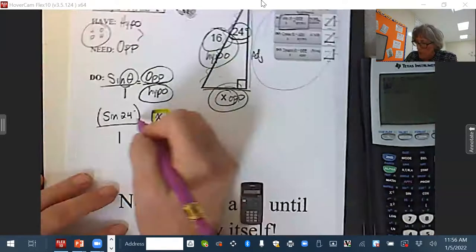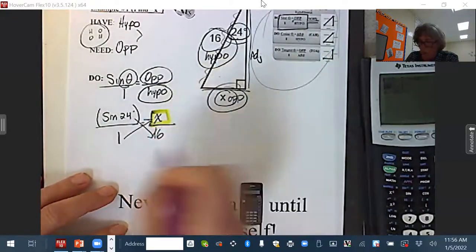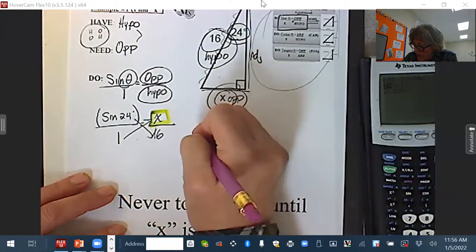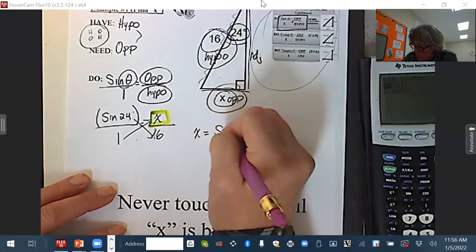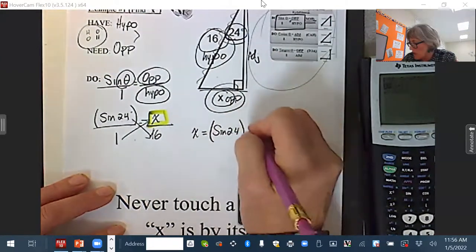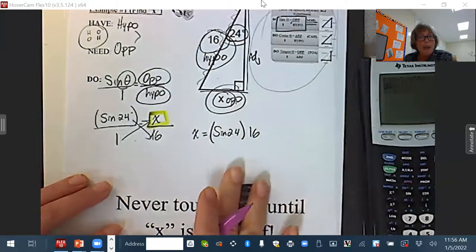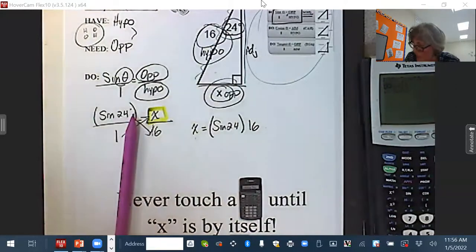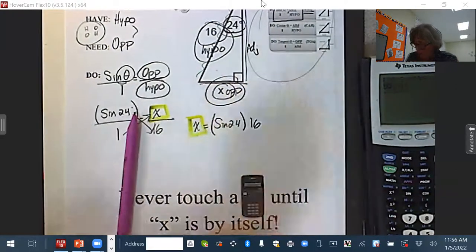Boom, boom. We're going to cross multiply because it's a fraction and a fraction. So I get x equals sine 24, keep parentheses around that, times 16. Is x all by itself? The answer is yes. Great.